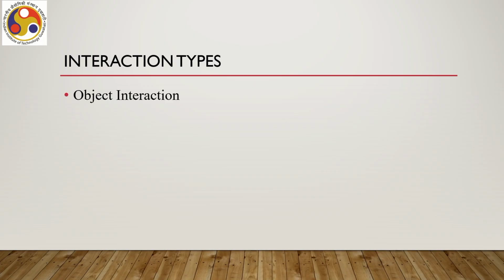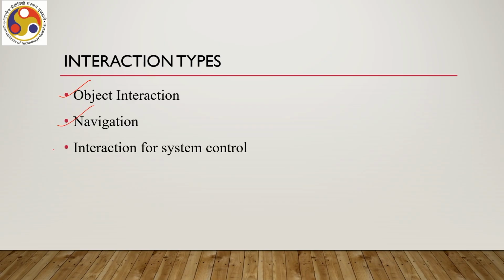So, we need to know what kind of interactions are supported. There are different types of interactions that are typically designed for immersive experiences. One is object interaction, then navigation, and thirdly interaction for system control. So, broadly 3 categories.